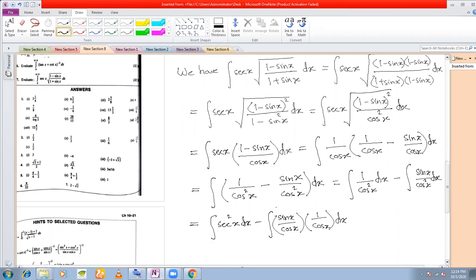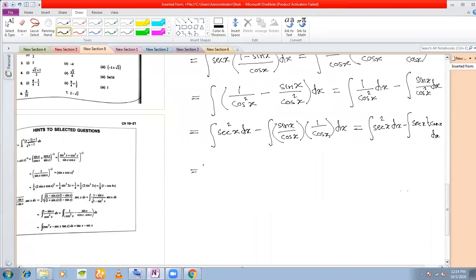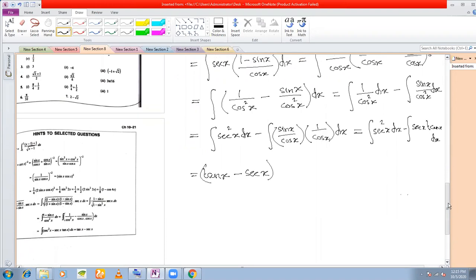So now this can be written as integration of sec square x dx minus integration of sec x tan x dx. So now integration sec square x is tan x, standard formula, and integration sec x tan x is simply sec x. So you have managed to evaluate the indefinite integral.